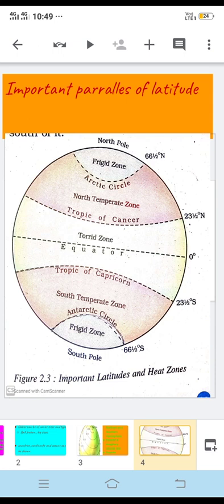We can find which country is where, and from the degrees it is easy for us to know the directions and the exact place of countries on the globe. So it is quite helpful for us.